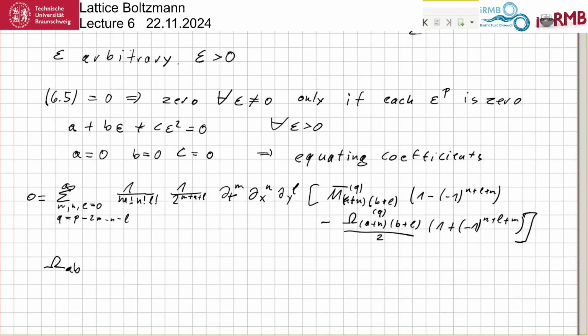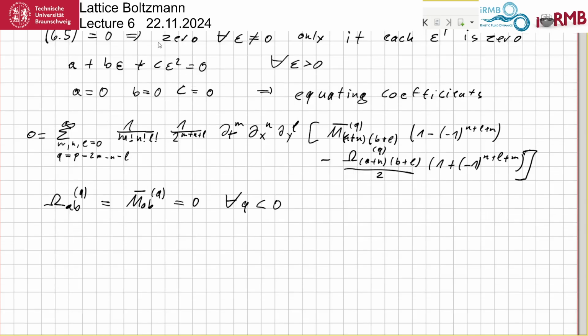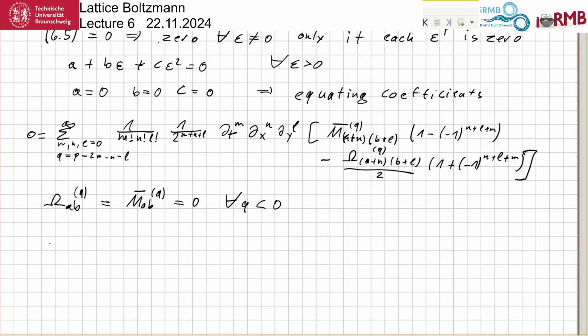One thing that is important to remember is that these are expanded in positive orders. This means they are 0 whenever q is smaller than 0, so they will disappear in the negative. So now what we do is we plug into this equation up here.